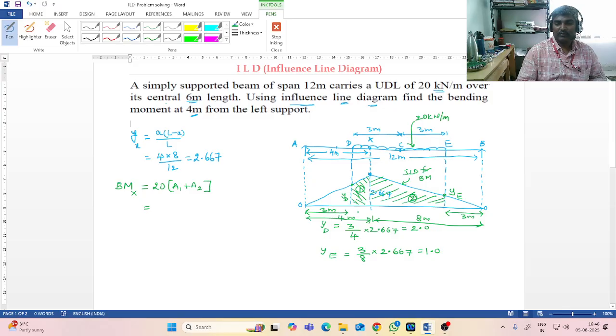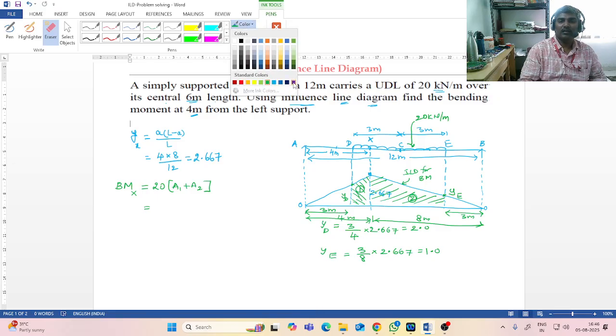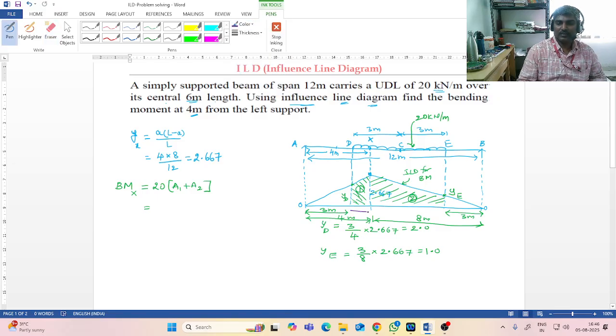Now you can see, I will go with a different color. This here is 1 meter and this one here is 5 meters. Now A1 value is equal to the average of the two parallel sides, that means 2 plus 2.667 by 2.